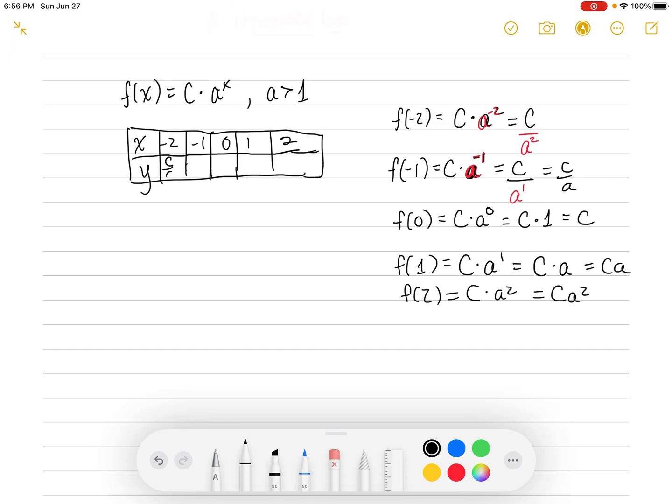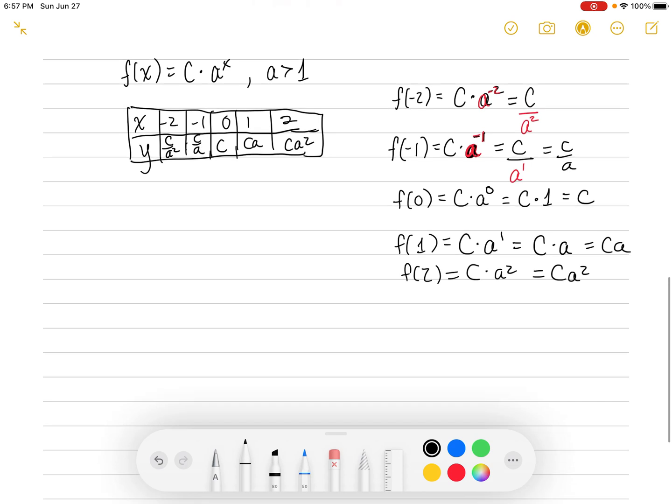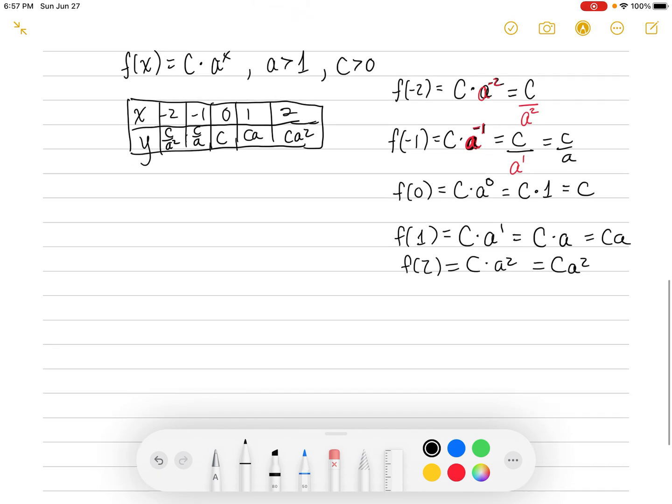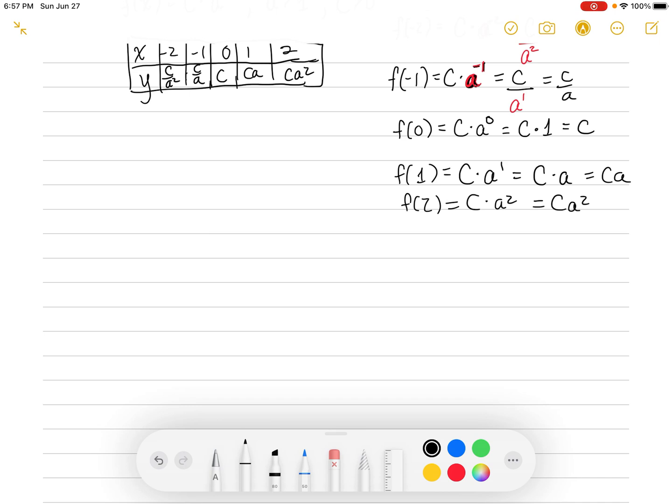And then f of 2 would be c times a squared, or in other words, ca squared. So writing these in, I have c over a squared, c over a, c, ca, and ca squared.